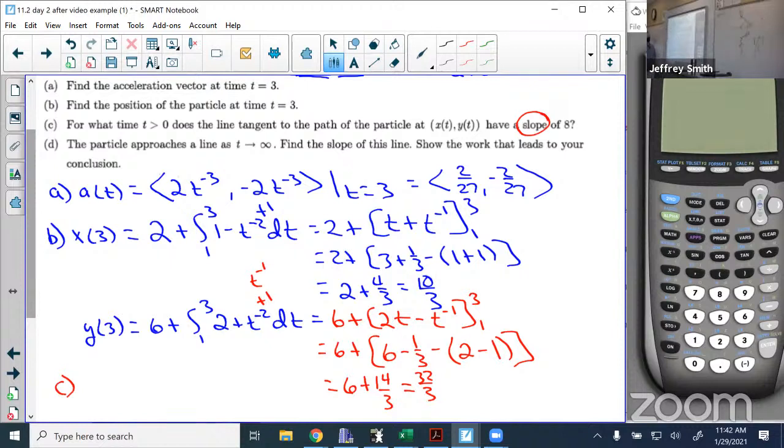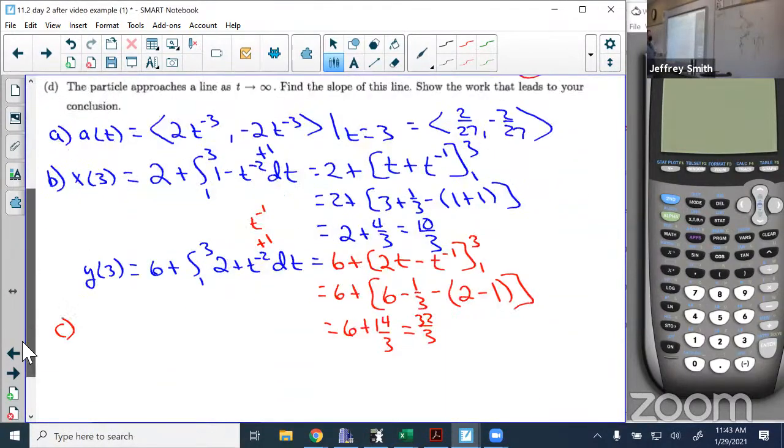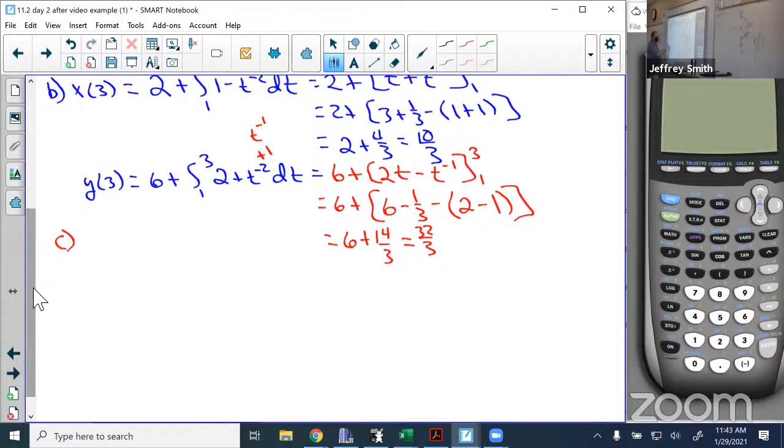That's what I think of when I see slope, dy over dx. But I think of the velocity as the first derivative. So I think this is the dy. I think that is really the dx. Because I consider velocity the first derivative. So we want to know when that slope is 8. Now, this is the first thing I think of.